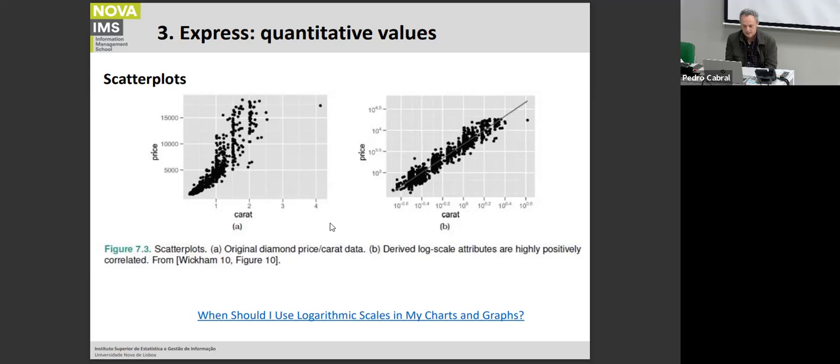Okay, so we can see there is some kind of correlation here. We can also add a trend line if you want. If you have used Excel before, you know it's possible to add trend lines to the scatter plots.